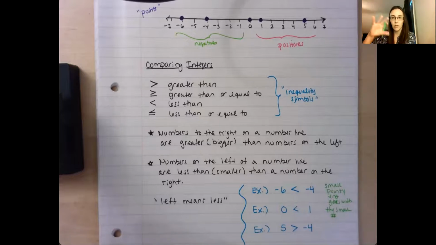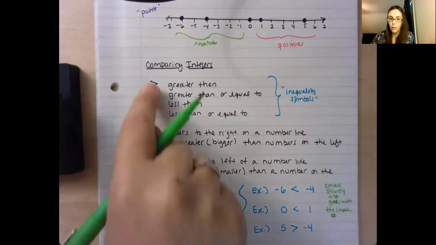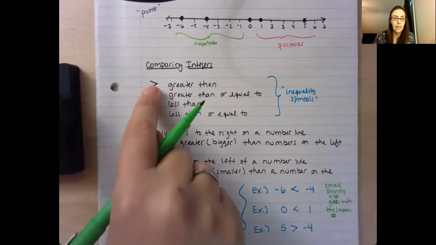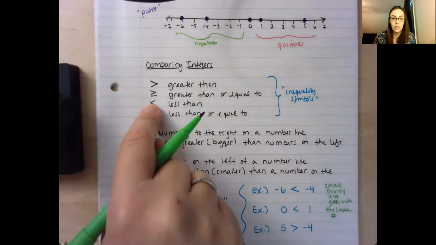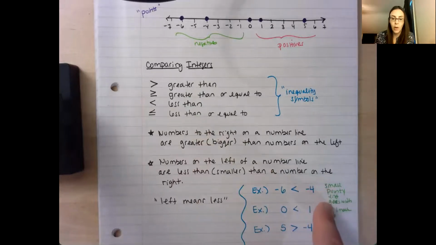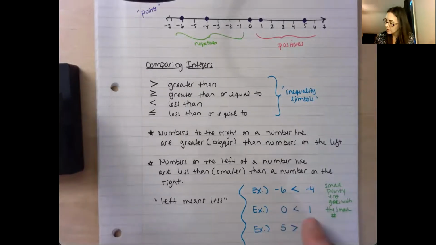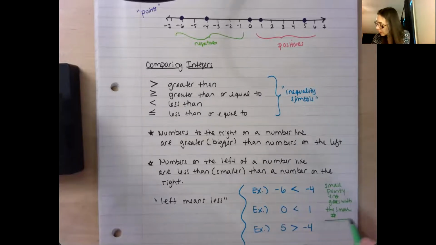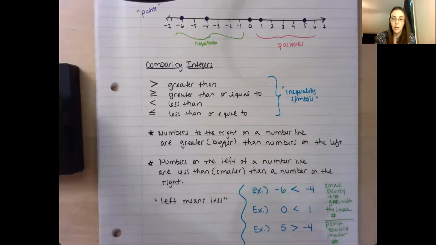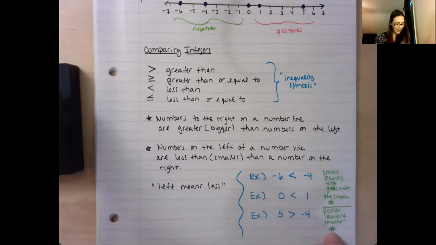So if you're kind of getting stuck on which is which, again, hopefully you can read through here and remember your less than and your greater than directions. But if you're having trouble, that small pointy end goes with the small number. So it points towards the smaller number. So here it points towards the -6, points towards the 0, points towards the -4. Okay, so you always point toward the smaller number. And again, don't forget that little symbol also means number, not just hashtag.